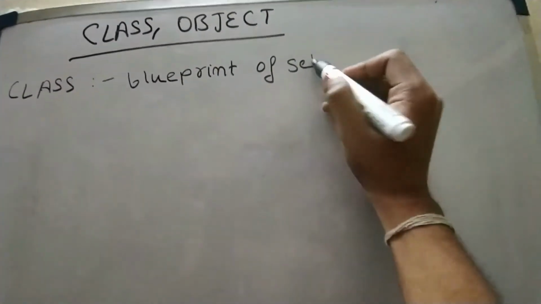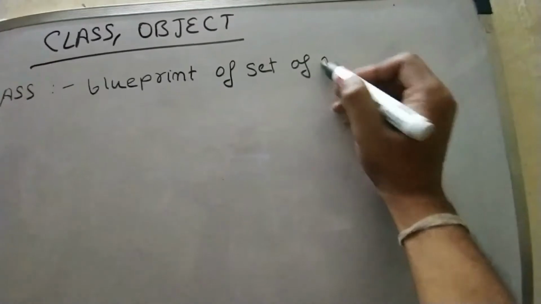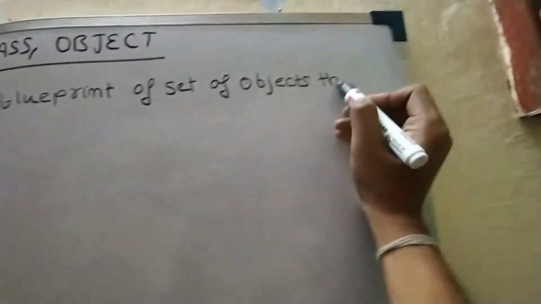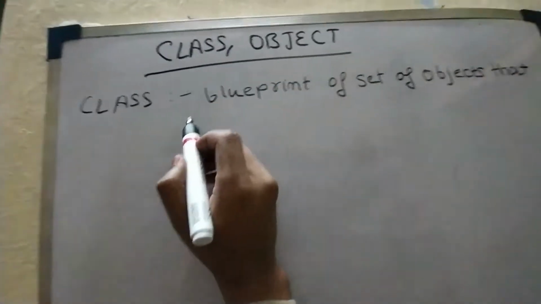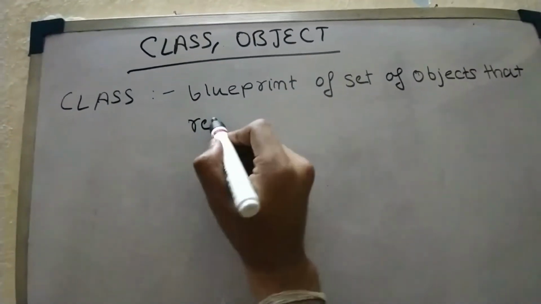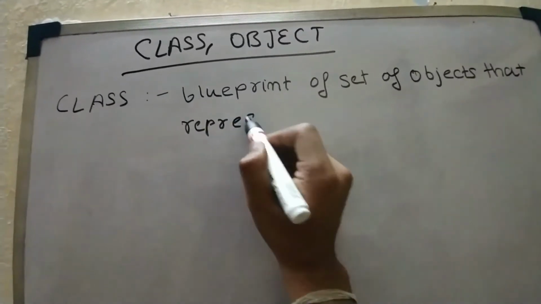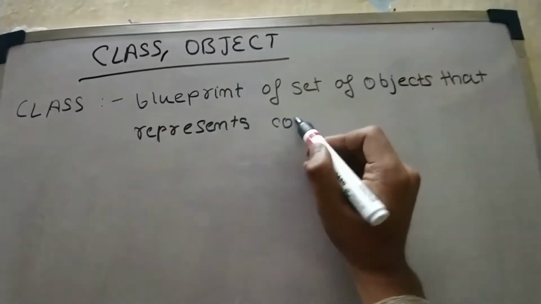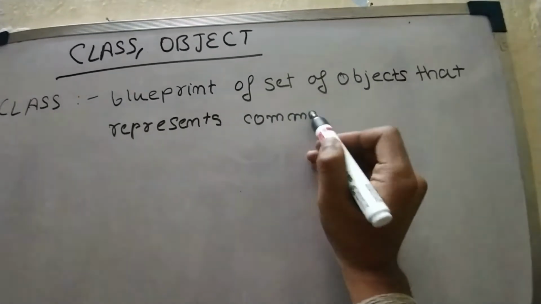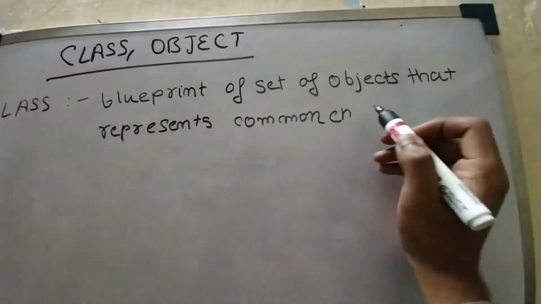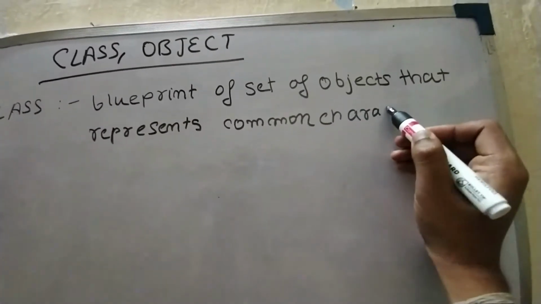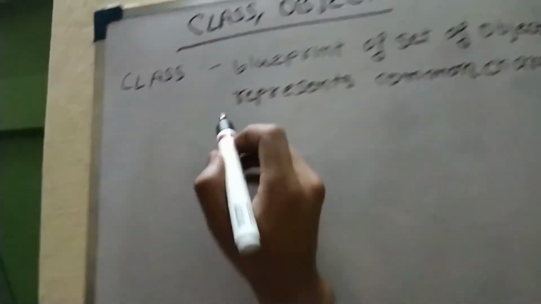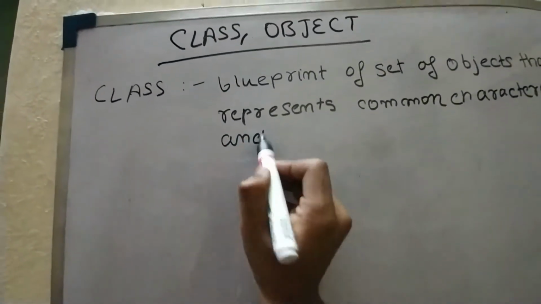A class is basically a blueprint of a set of objects that represents common characteristics and behavior.